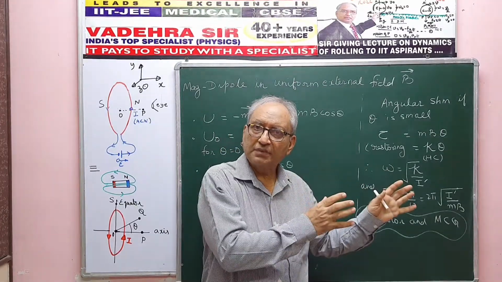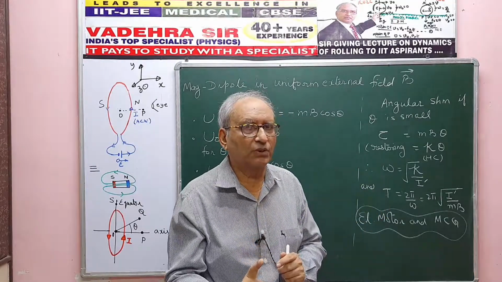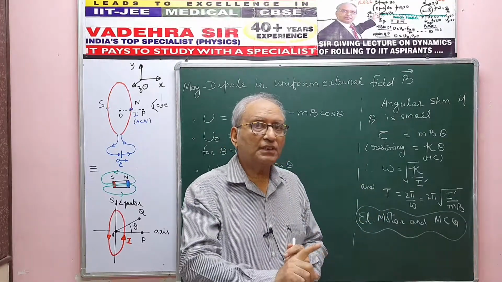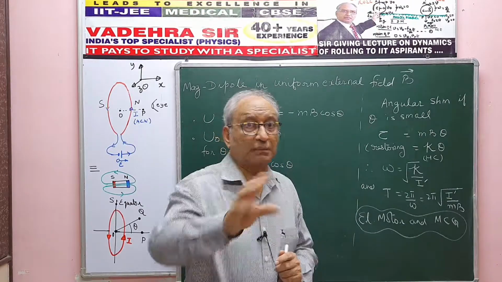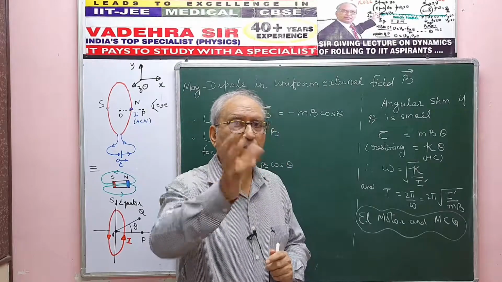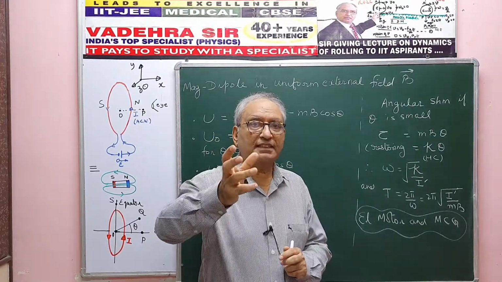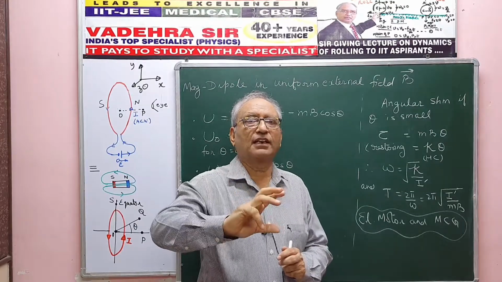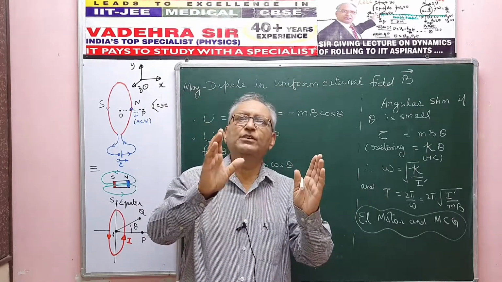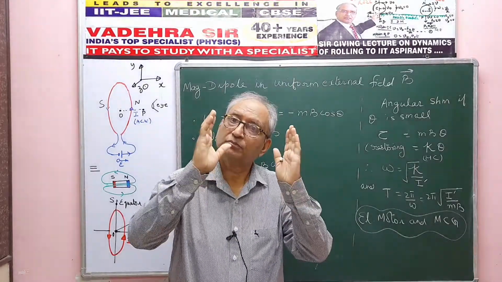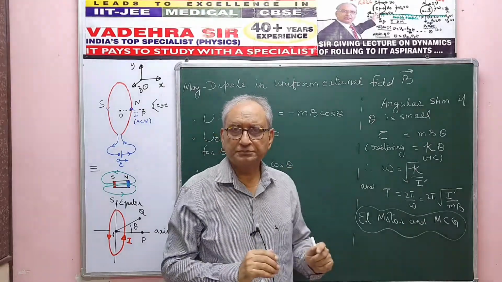So with this idea, we can learn the working principle of the electric motor. Electric motor and moving coil galvanometer are something similar, both very important for your syllabus. But I will not discuss these two devices in this particular video. I'll build a separate video for that and post it on YouTube.